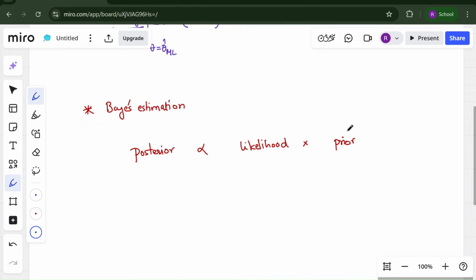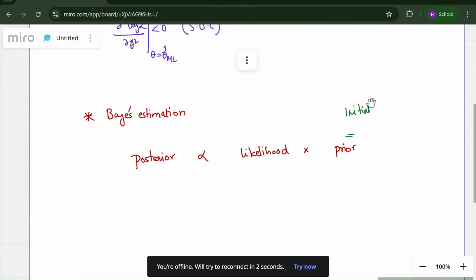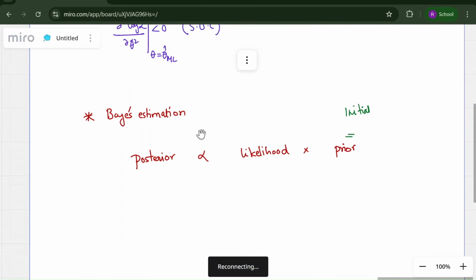First of all, what is the prior? The prior is, you can think about this as the initial belief about the parameter. Just a second. Let me just refresh it.